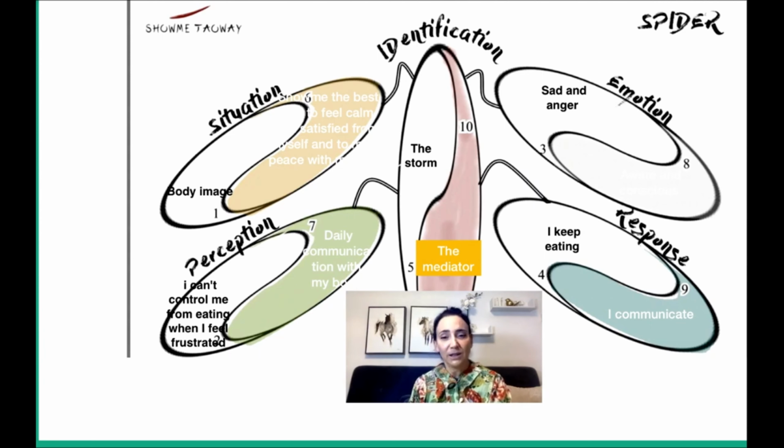Later on in this process, if number 5 at the beginning was 100 and number 10 was 10%, number 10 would be, let's say, 90%, and number 5 will be less. By, let's say, numbers 6 and 7 and on, those voices are starting to get balanced.